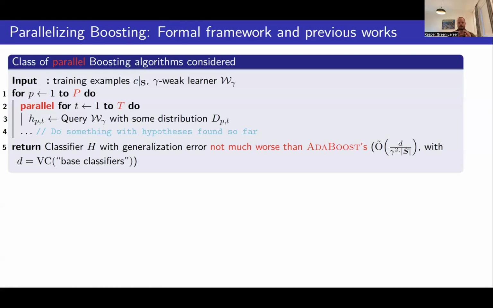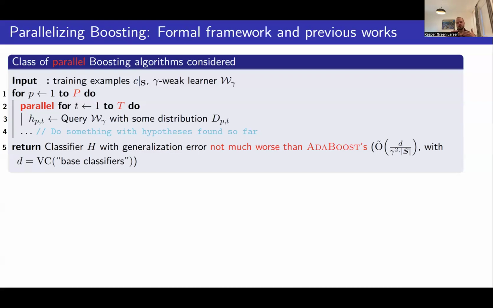If you look at classic generalization results, the best known generalization bounds for AdaBoost say that if the classifiers the weak learner is producing come from a hypothesis set of VC dimension D, then the generalization error should be something like D over gamma squared times the size of the training data set, where gamma is the advantage of the weak learner. This is basically what AdaBoost gives you.